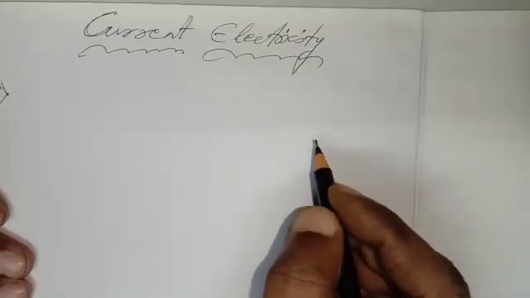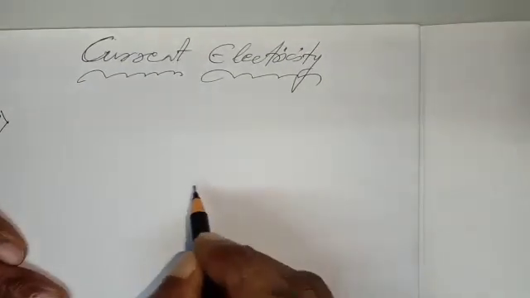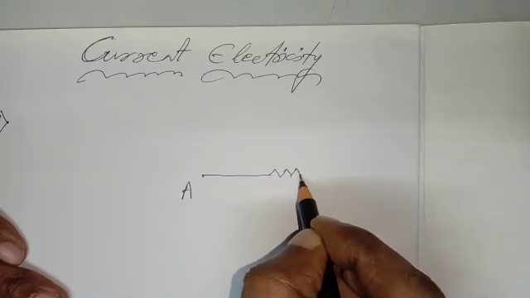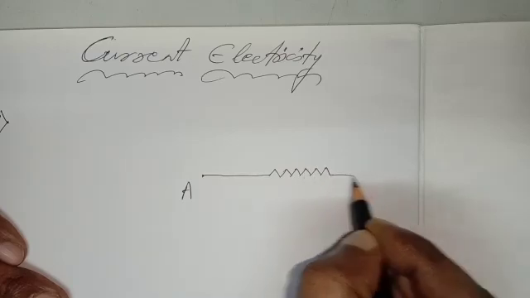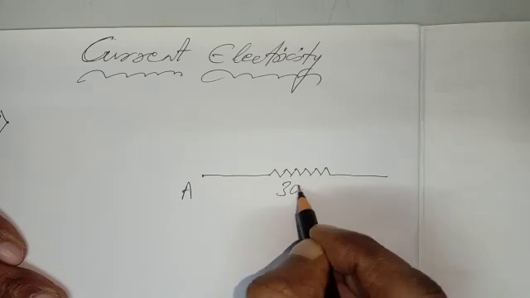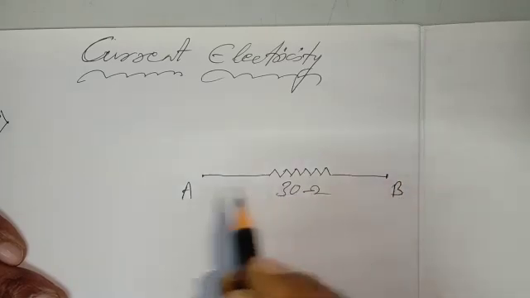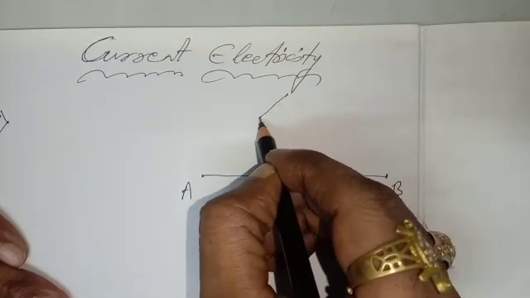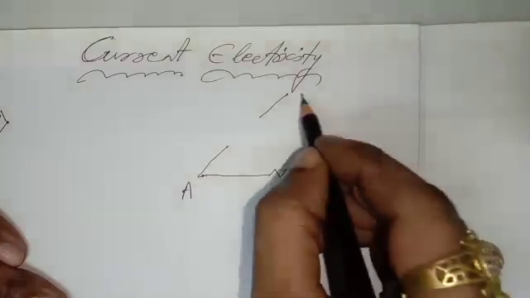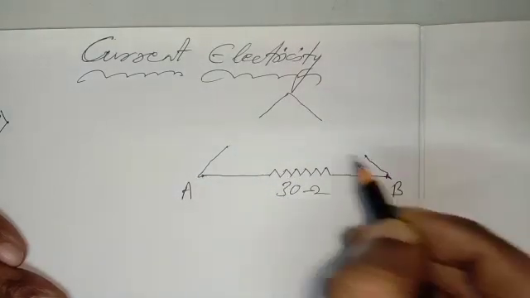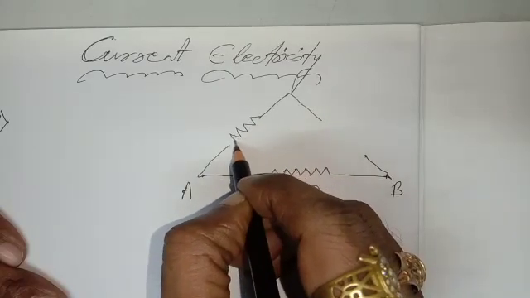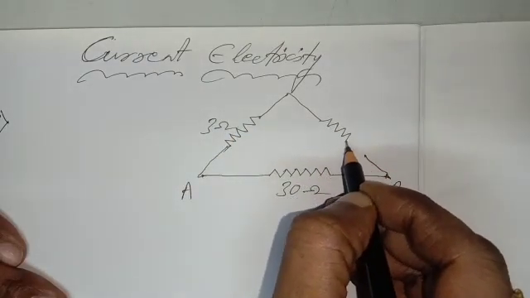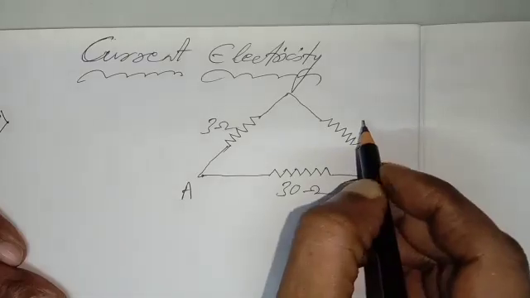Question number 1. First, you have to draw a rough diagram. So this is the point A, and in between A and B, one resistor is there in the middle, that is 30 ohm. And another resistor here, this one is given 3 ohm, and here one resistor is given 2 ohm.